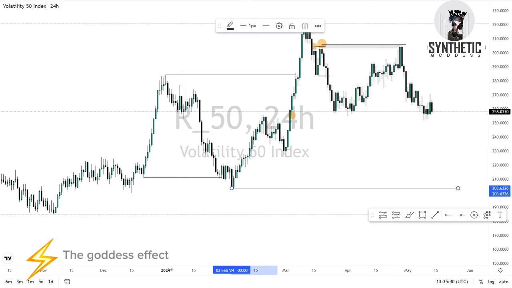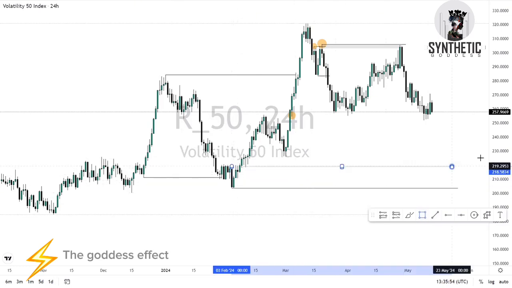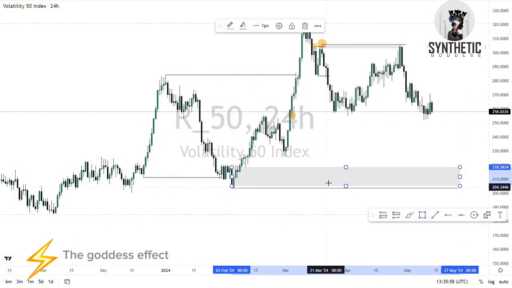So I can mark out my points of interest at the areas of this major. How do I mark out my point of interest? I mark it out as a sponsored candle, since this is the area of major. So you can see I've marked out my point of interest. That's the second essence of using a major.